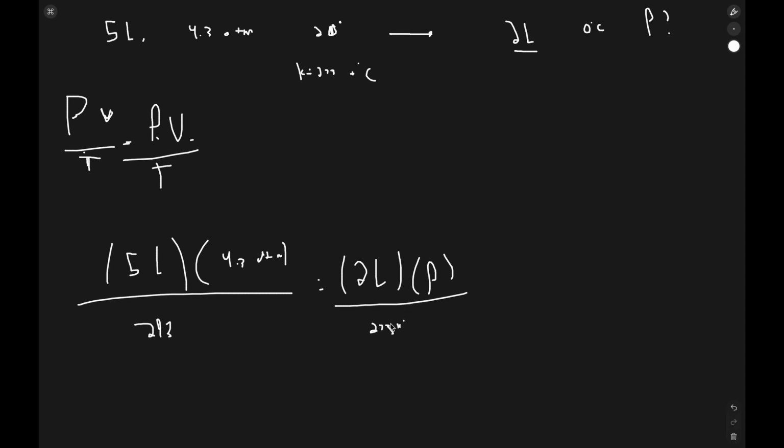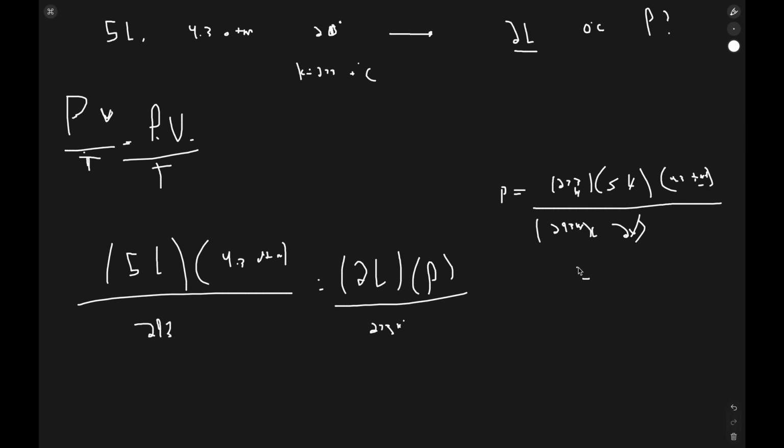Now, how do you solve for P? You cross multiply and divide by 2. So we get P equals 273 times 5 liters times 4.3 atmosphere, all divided by 293 Kelvin and 2 liters. Now, liters cancel out, your Kelvin also cancels out, and you're left with atmosphere.